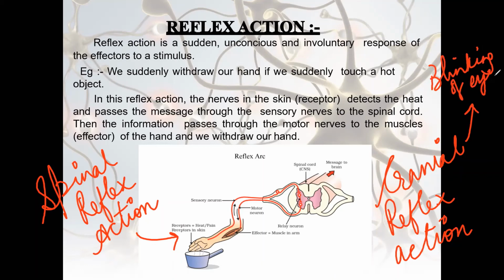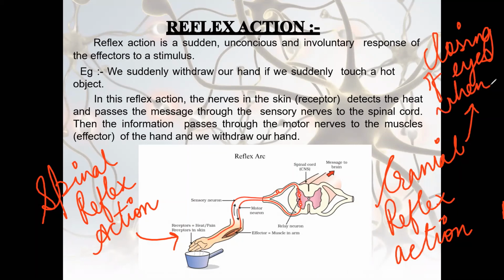all of a sudden when light falls on your eyes, right? So not blinking of the eye, rather we should write closing of the eyes when high intensity light falls on the eyes, right?